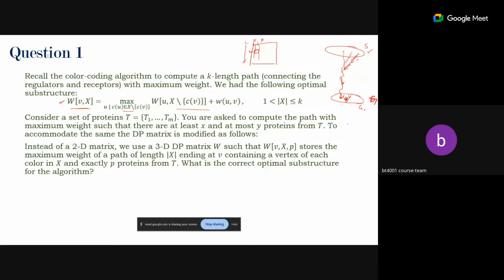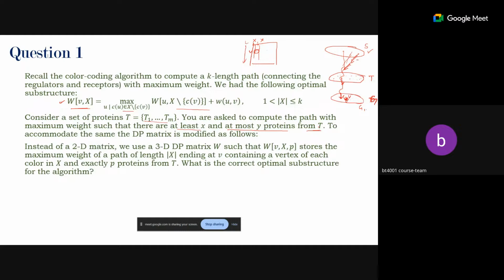Apart from these two, we have another set called T, which contains a bunch of proteins, T1 to Tm. What we are asked is to find a path with maximum weight, but the condition is that there should be at least X proteins and at most Y proteins from T.